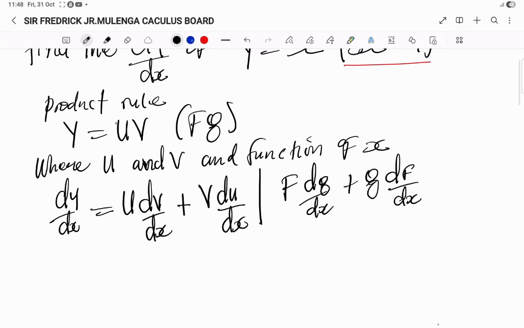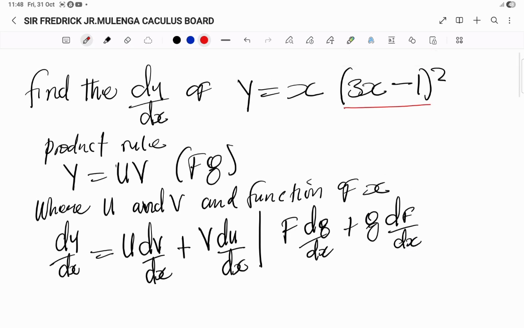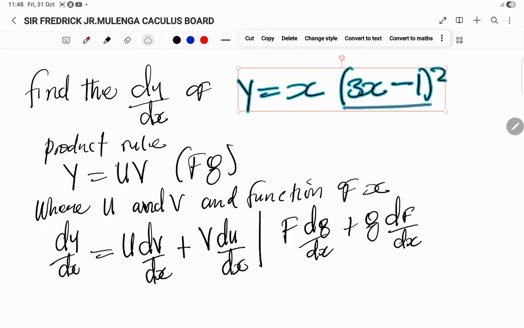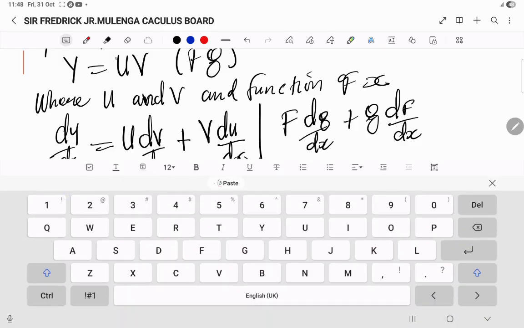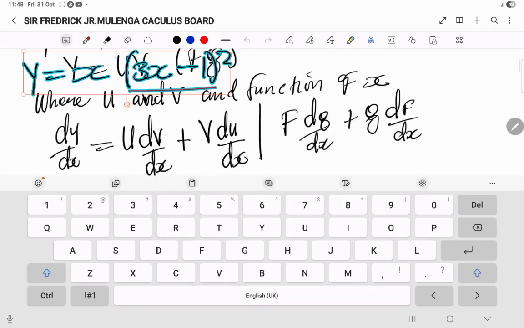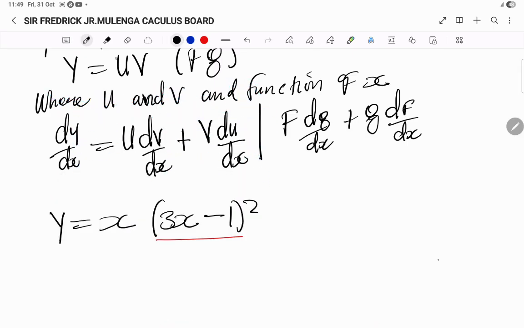So now in the case of this question which we have, let me get that function and bring it right here. I'll use letters u and v.